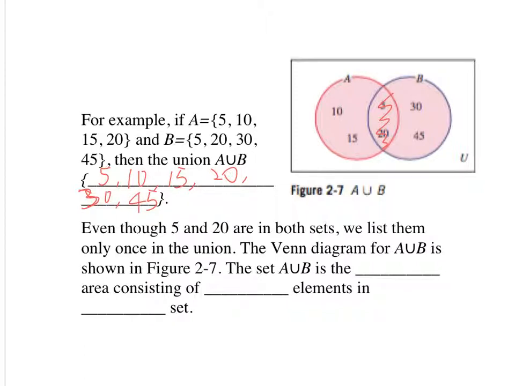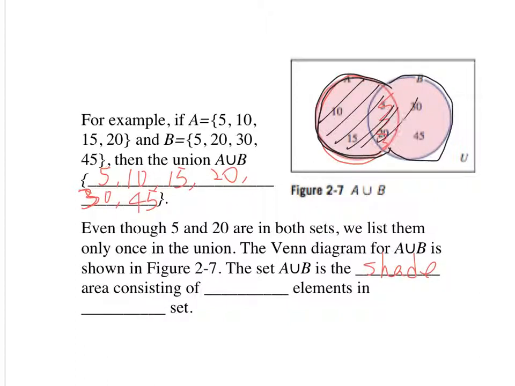And also notice that this time, A union B is the shaded region, and the shaded region is this whole part here. I should use a different color. This whole part here, right, is this thing. Maybe I'll shade it. Last time when we shaded it, we only shaded the intersection.